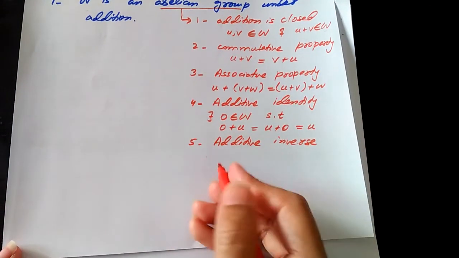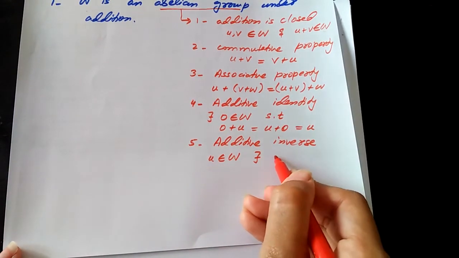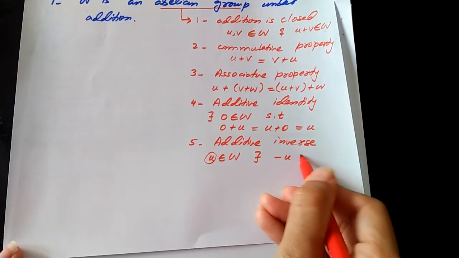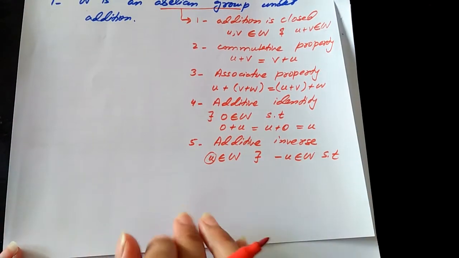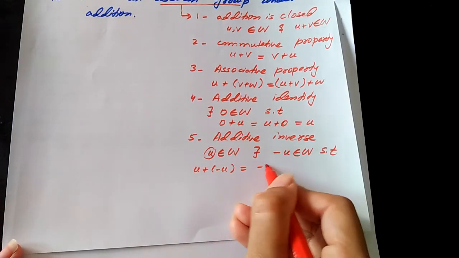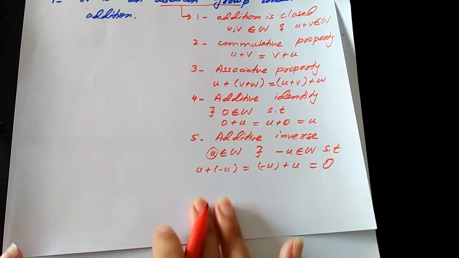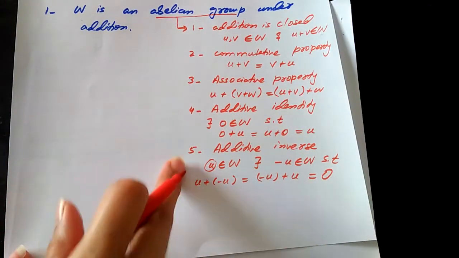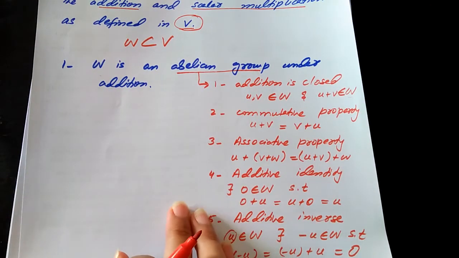For additive inverse, for each U belonging to this capital W, there exists a negative of this vector such that if you add both of them, you will get a 0 vector in your answer. So if you proved all these axioms, then it means W is an abelian group under addition.